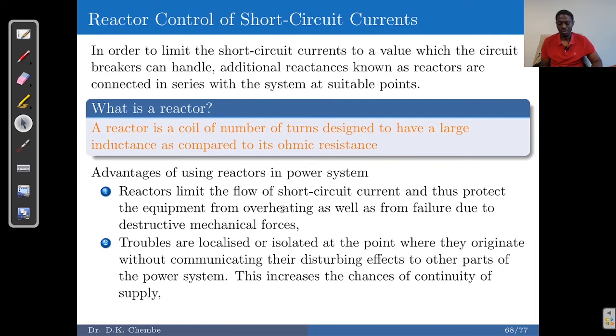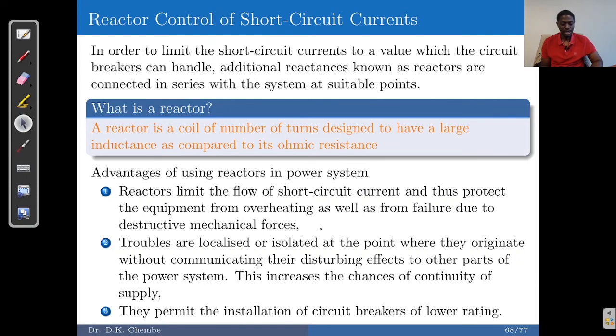Also, most faults are localized or isolated and do not affect the other elements of the power system, which increases the chance of continuity of supply to the system. Then installation of circuit breakers of lower rating is a possibility because you've got the higher currents controlled or limited by the reactors. So therefore, you can choose circuit breakers of lower rating, which in turn reduces the cost of operation of your system.